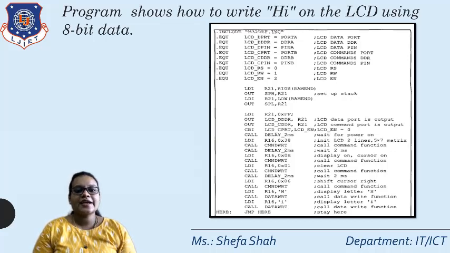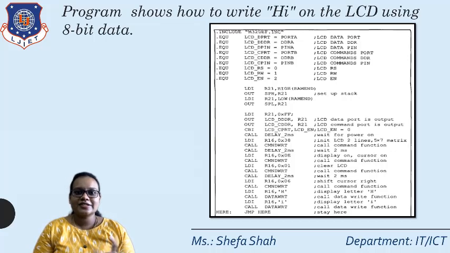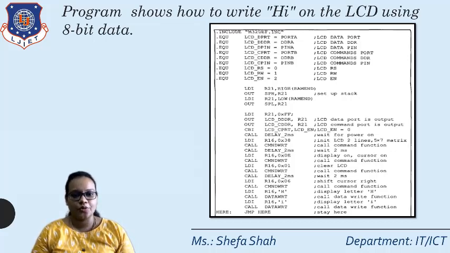Next, as we have seen in the interfacing diagram, port A is used as the output port, and port B is also used as the output port. So here port A and port B will be defined as outputs. We take 0xFF in register R21 with the help of the LDI instruction, and we give this 0xFF to DDRA as well as DDRB to make port A and port B outputs.